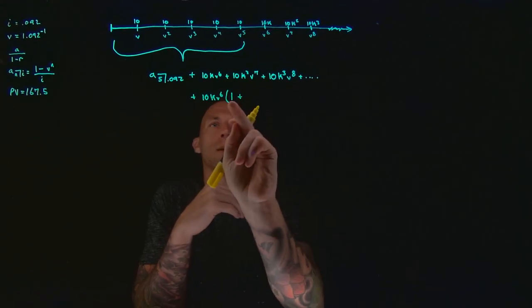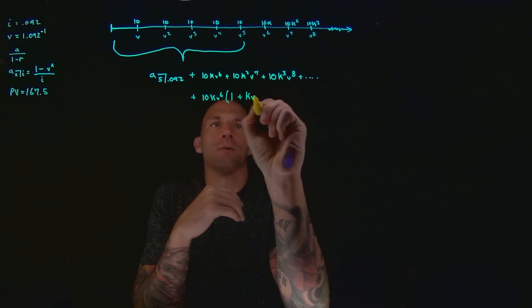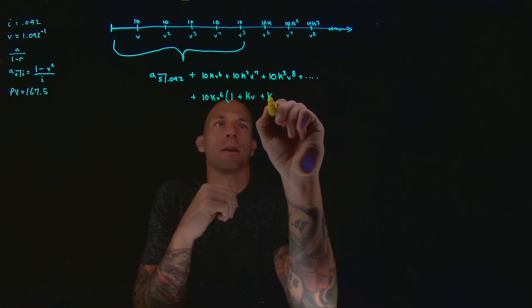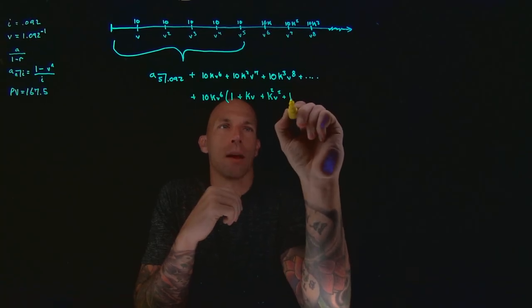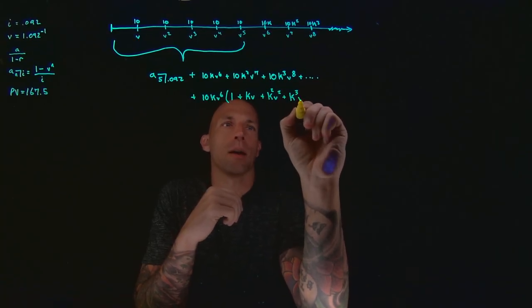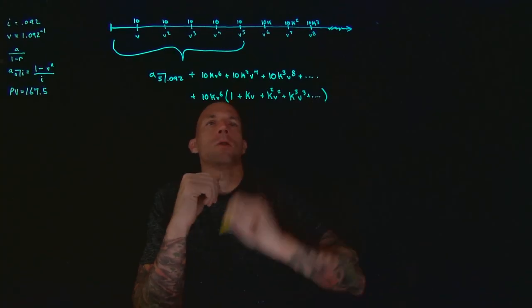Well, here it's just times 1, and here we have a k times v left, and here a k squared times v squared, and then a k to the 3rd times v to the 3rd, and so on and so forth.